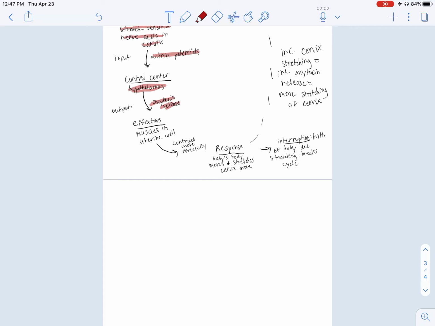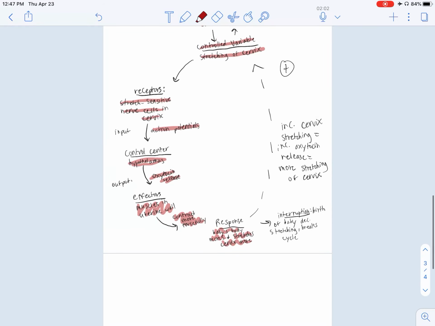And then the effectors are the muscles in the uterine wall. In this case, our response is that those muscles contract more forcefully. In doing so, the more forceful contractions cause the baby's body and head to move forward and down more into the cervix, which stretches the cervix more.